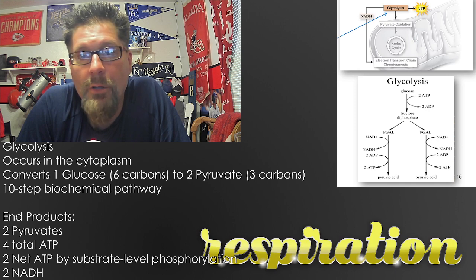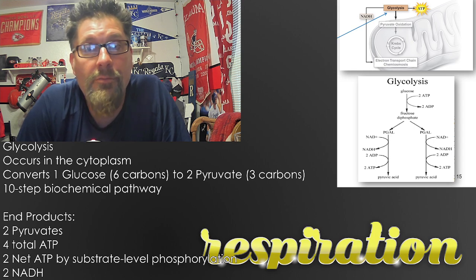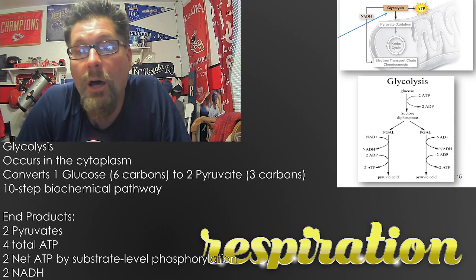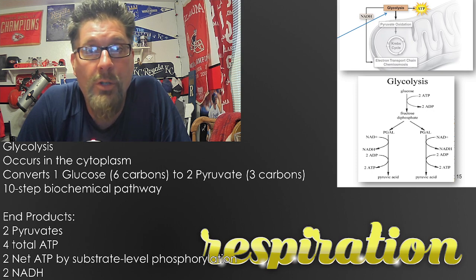So for glycolysis, when it comes to end products, you want to be thinking 2s: 2 pyruvates, 2 net ATP, 2 NADHs. And these end products are important to essentially memorize because they are also highly potential multiple choice questions.